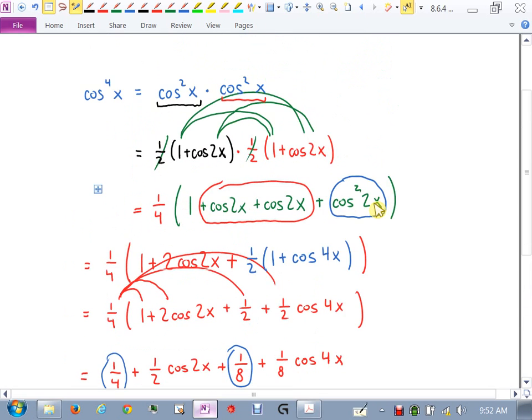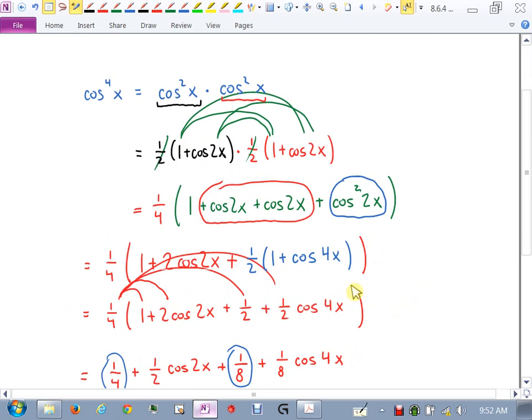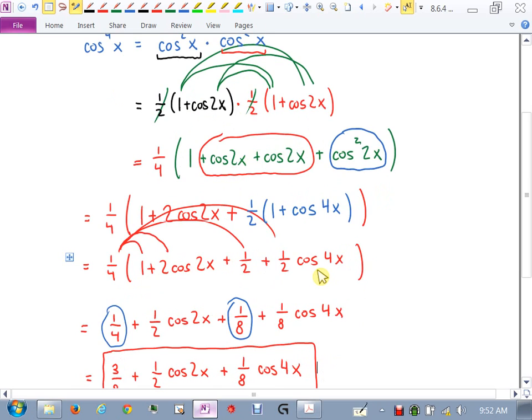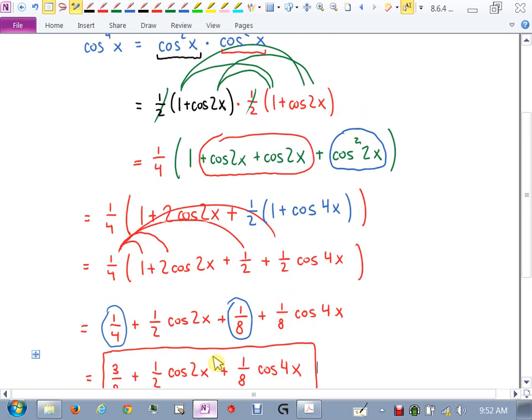Imagine how complicated this problem would have been had we started with cosine to the sixth. Because then you would have had cosine squared x, cosine squared x, cosine squared x, which means you would have had 3 of these, which means when you expanded them all out, this would be a disaster. And you would have to do power reducing several more times before you could get things to work out. In a Cal 2 class, we call that a torture problem.